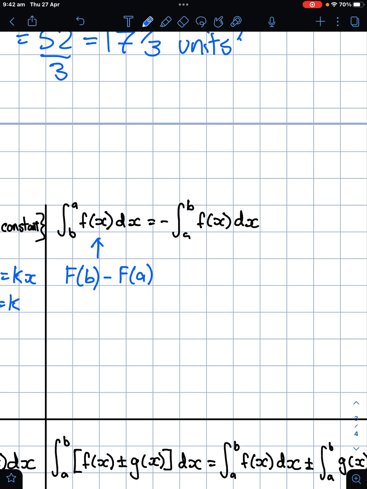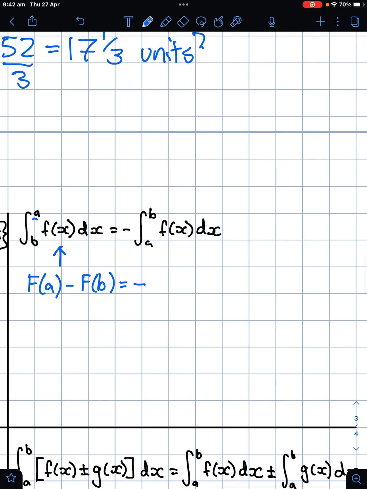They've tricked me by putting it the wrong way around. So in this one here, you notice they've swapped the upper bound, so they've done a here and b. Now, if I was to multiply this whole thing by -1, or if I pull out a -1, then we would have negative f of a there.